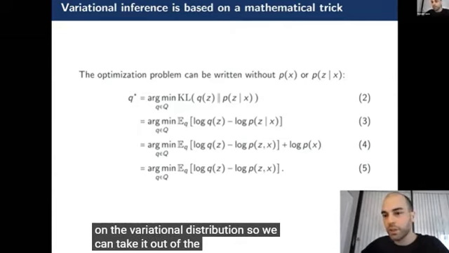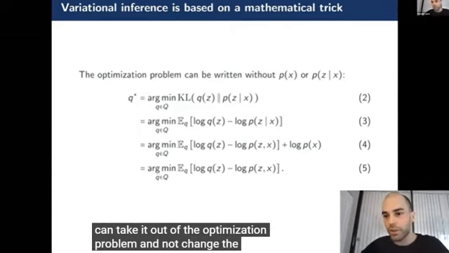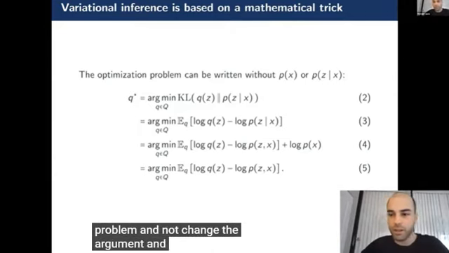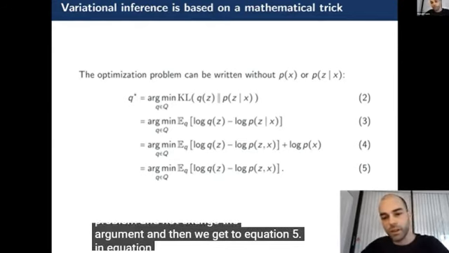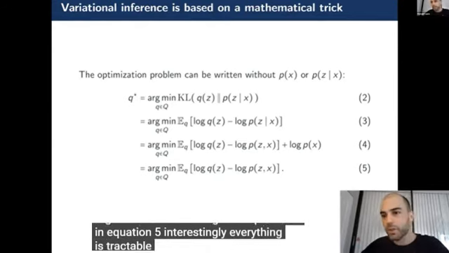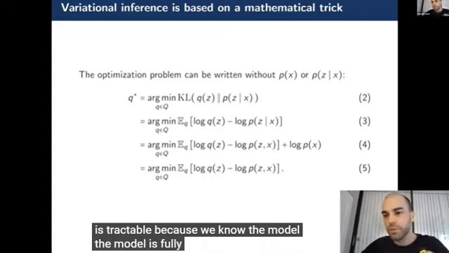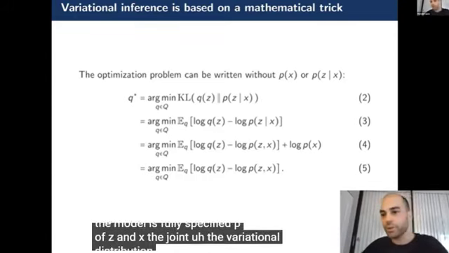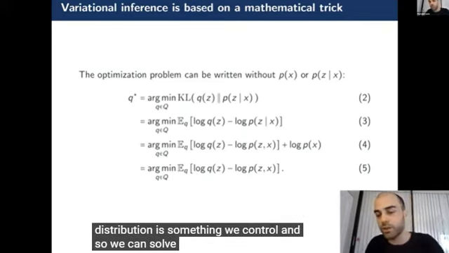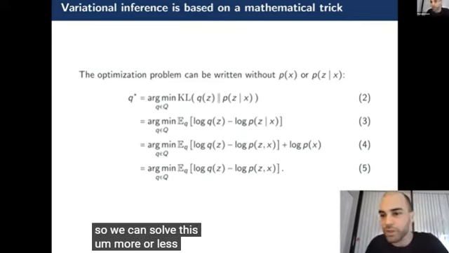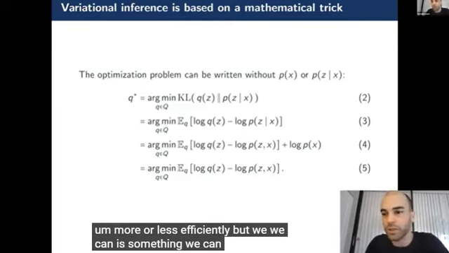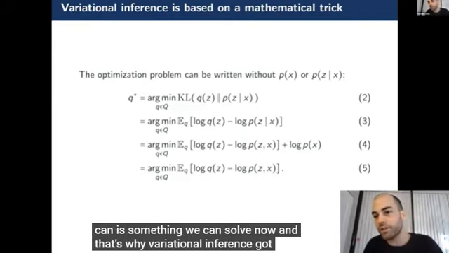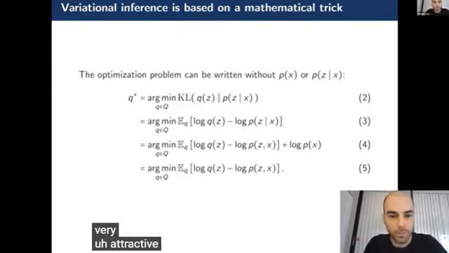So we can take it out of the optimization problem and not change the argmin. And then we get to equation 5. In equation 5, interestingly, everything is tractable because we know the model. The model is fully specified, P of Z and X, the joint. The variational distribution is something we control, so it's something we can solve now, and that's why variational inference became very attractive.